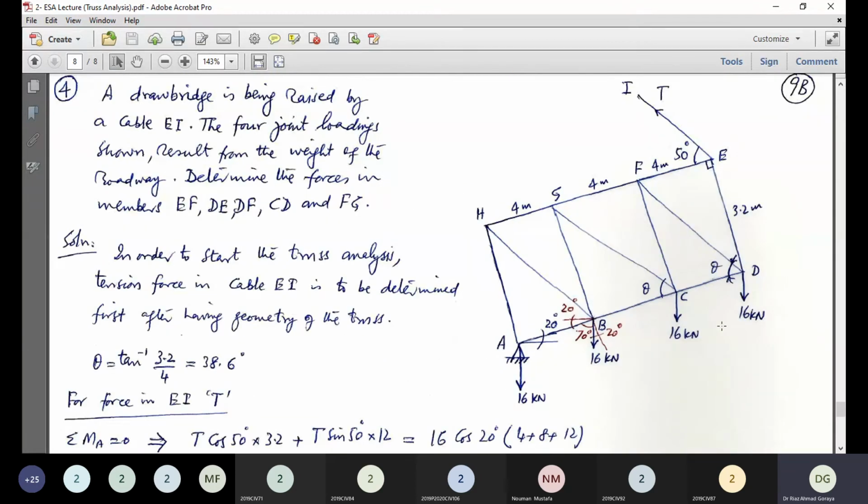You can rotate the orientation of a joint to any convenient direction or any convenient position, provided that these relative angles are not changed. अगर ये relative angles change नहीं होते तो इसकी ओरिएंटेशन को आप कन्वीनियंटली तब्दील कर सकते हैं. ये एक कंडीशन है कि रिलेटिव एंगल जो हैं, जो EF का T के साथ है वो 50 रहना चाहिए, EF का जो DE के साथ है वो 90 ही रहना चाहिए.